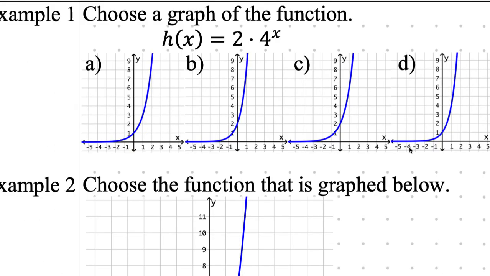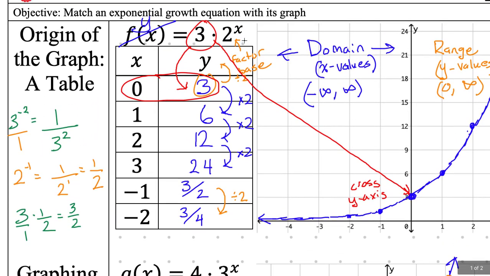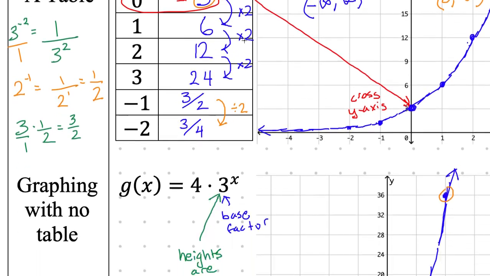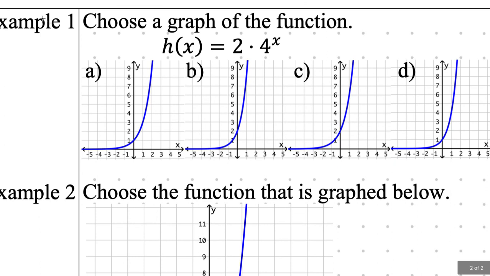Hello everybody, Professor Wyatt here. We're gonna solve this equation. So if we go back to our notes above, we can see that this 3 right here is the y-intercept. So if we come back down here, then we know that this 2 is the y-intercept as well.